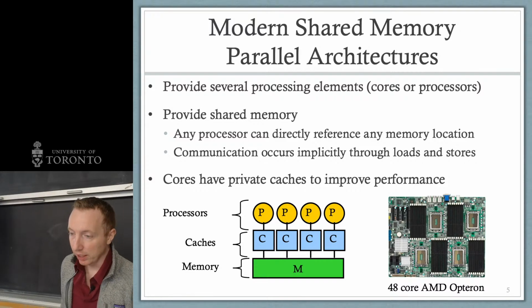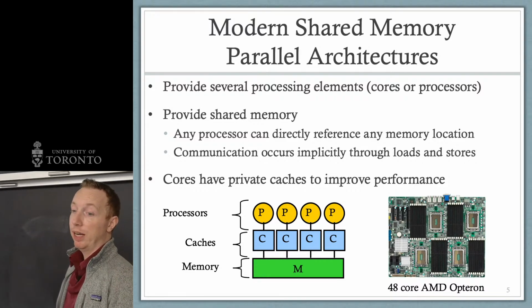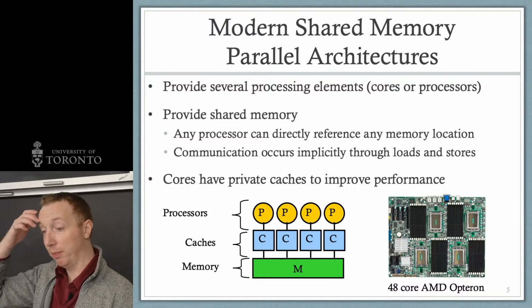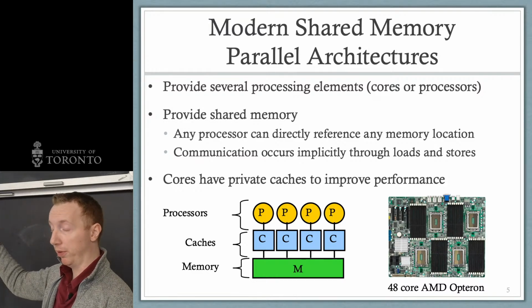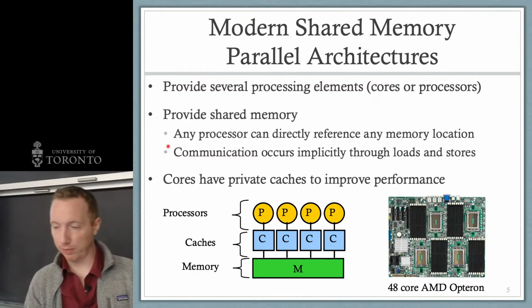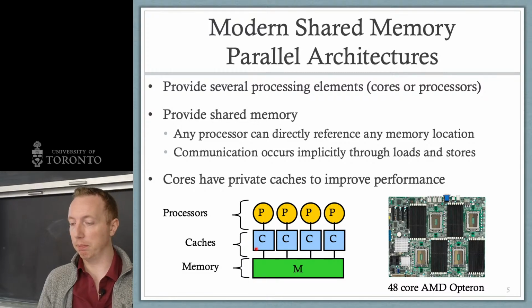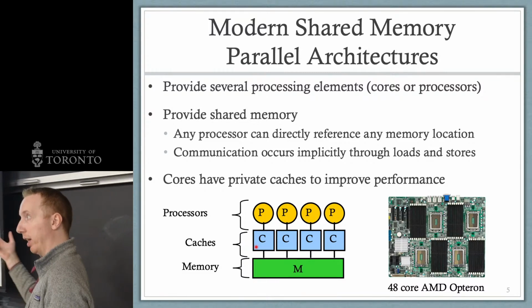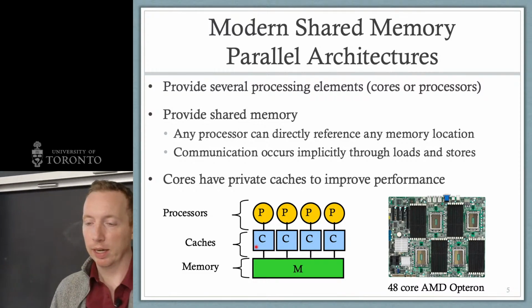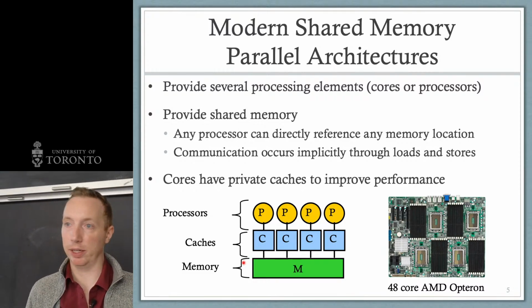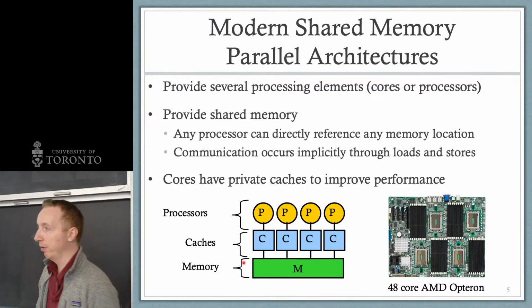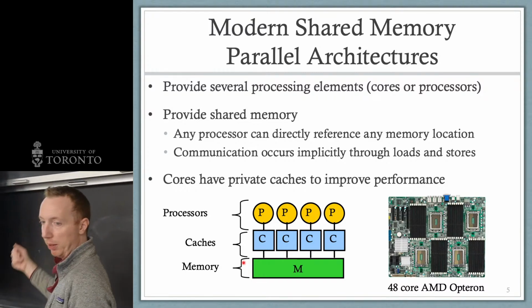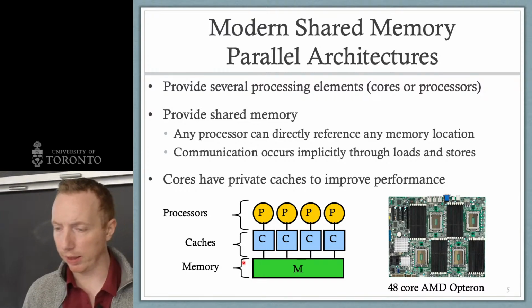So, cache coherence, if we have a modern system where we have multiple physical cores, then each of our cores are going to have their own private cache, at least at like L1 and L2 typically, and then they're going to have some shared memory, either memory itself or L3 cache, something like that.